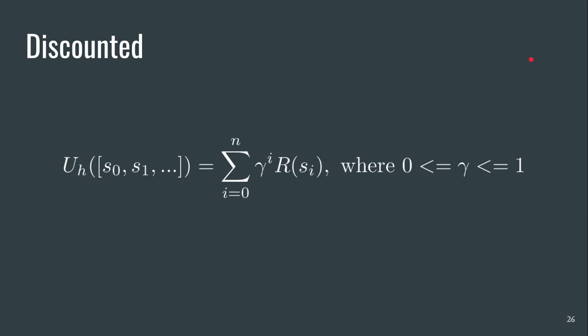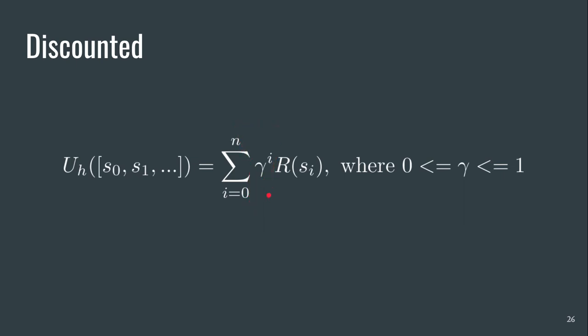The solution to this is something called a discounted reward. You can see here we're still receiving that list of states, and we're still summing, but what we've added is this gamma to the power of i, and we define gamma as a number between 0 and 1. If we set gamma to 1, then we just have the additive utility that we just discussed.